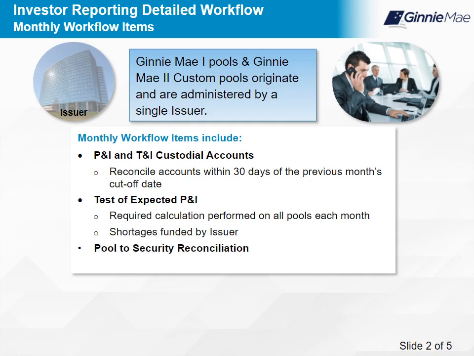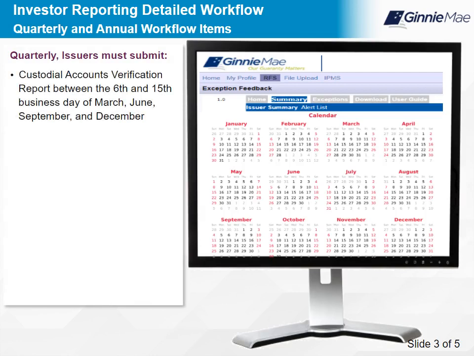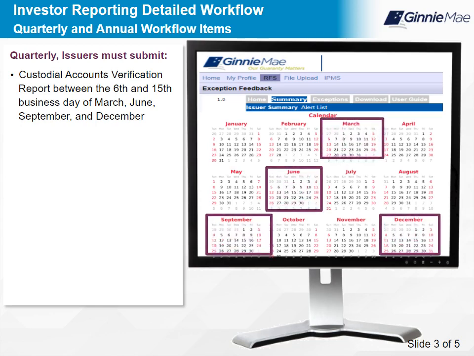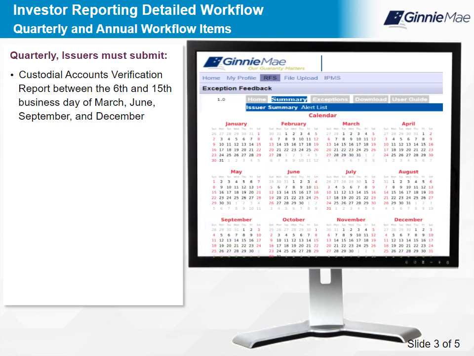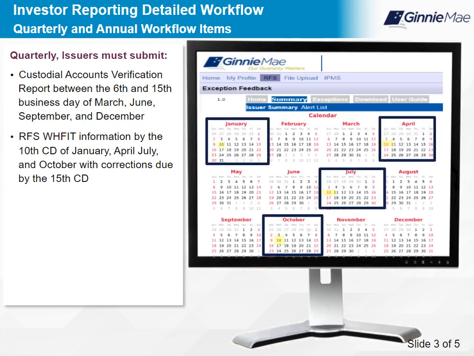Select Next to continue. On a quarterly basis, issuers must submit the custodial accounts verification report between the 6th and 15th business day of March, June, September, and December. Issuers must also submit the RFS Widely Held Fixed Investment Trust WIFIT information by the 10th calendar date, CD, of January, April, July, and October.